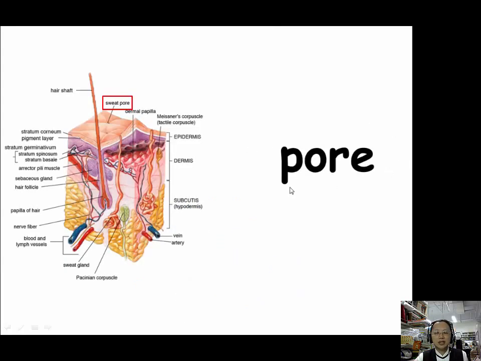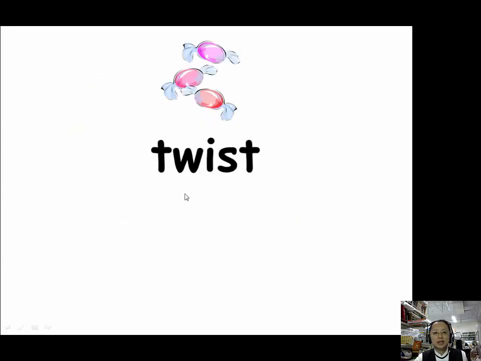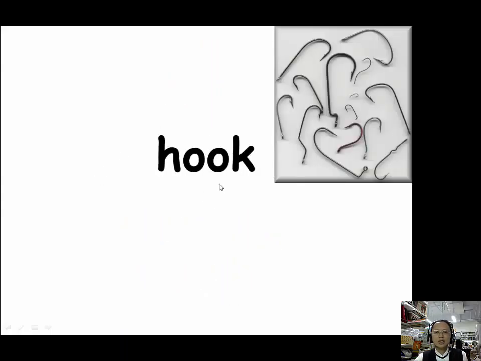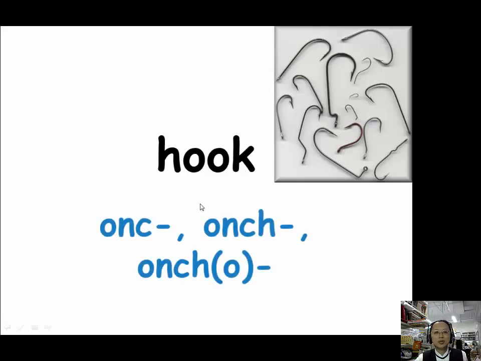For things that have a small hole, we use the prefix poro, P-O-R-O. And for things that are twisted, we use the prefixes streph, S-T-R-E-P-H, and stroph, S-T-R-O-P-H. For things that are hook-shaped, we use ONC, ONCH, and ONCHO.